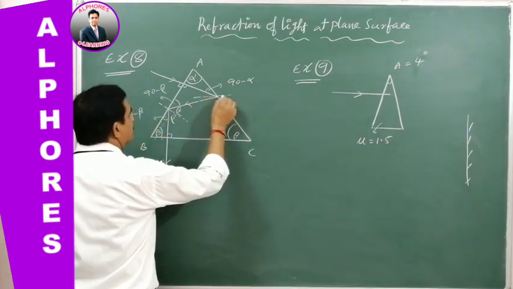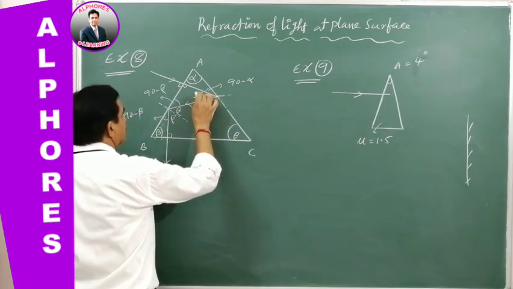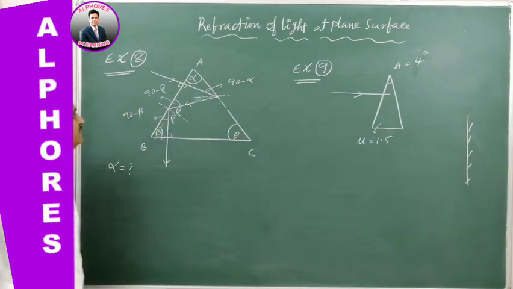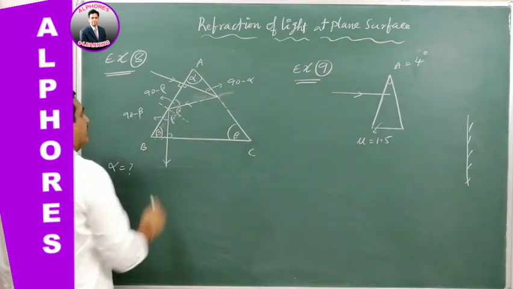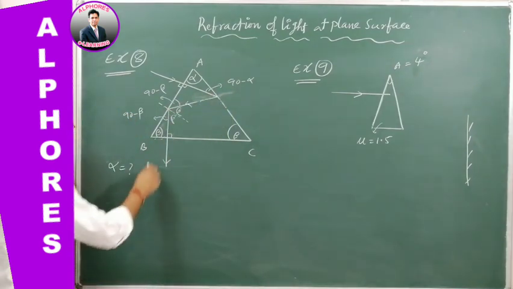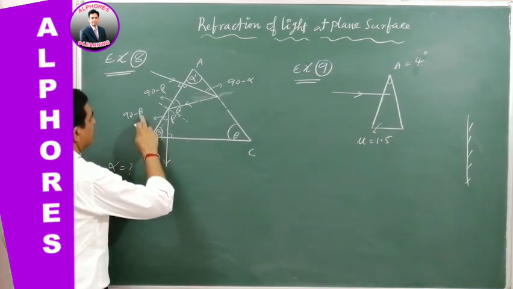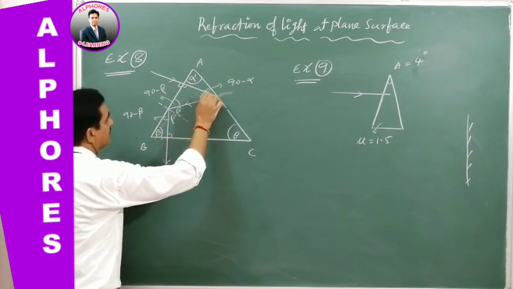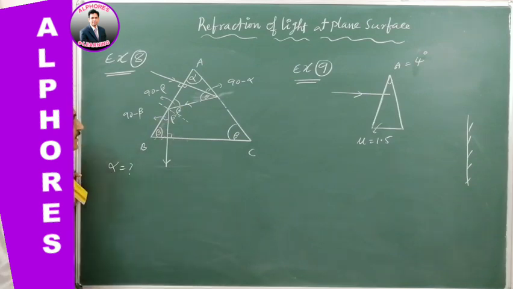Now here a normal is assumed for this surface. This is alpha, this is alpha. Or otherwise, what is this angle? 90 degree. So we can't find this value like this, and directly we can take this from this triangle, 90 and beta, 90 minus beta. From this triangle, say this total angle is theta.